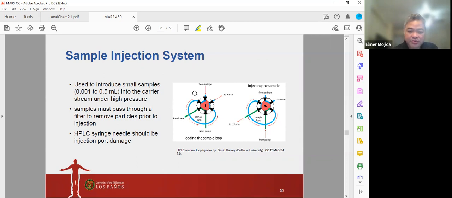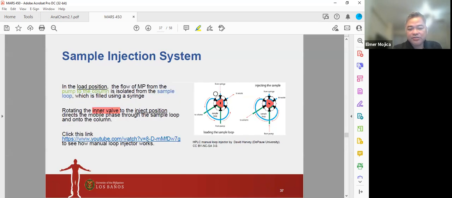When you load the system, you load your sample from the syringe. Not all of it goes to the column right away. In the sample loop, it will be mixed with your solvent, and once it is there, some of it can go to the column and some of it can go to the waste when you inject the sample.